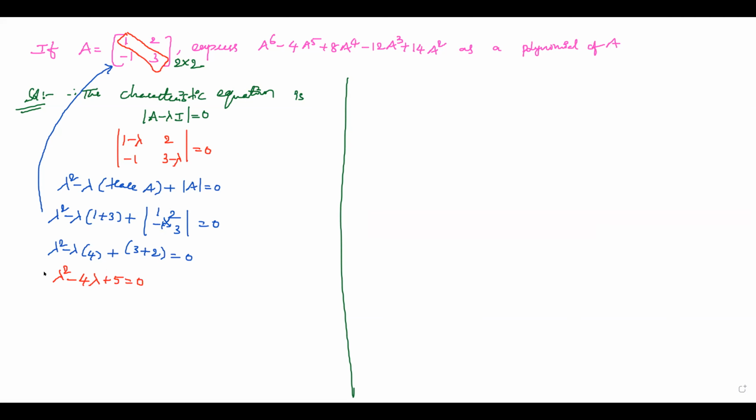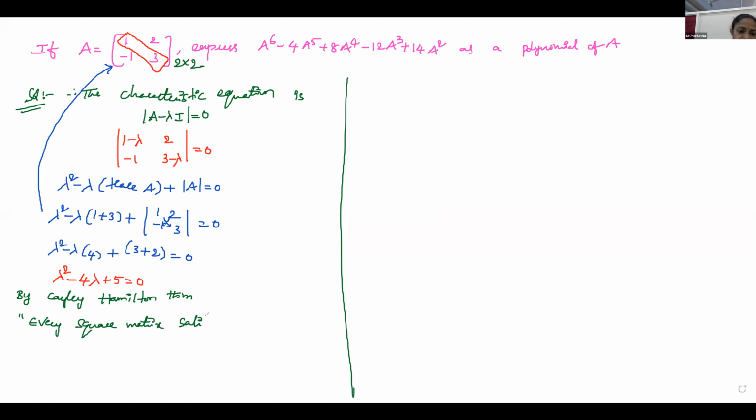Okay. So here we have to use Cayley-Hamilton theorem. So what is the statement of Cayley-Hamilton theorem? Here we need to write the statement. So by Cayley-Hamilton theorem, which states that every square matrix satisfies its own characteristic equation.